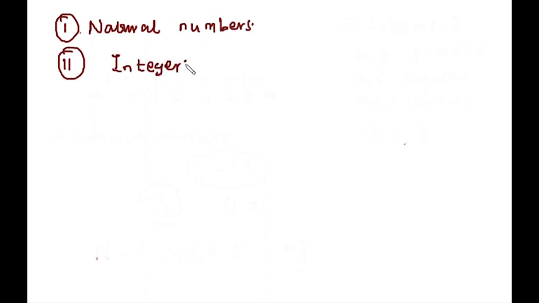So far we've talked about natural numbers as a class of numbers, and then we've talked about integers. For natural numbers, we said the set can be given as all numbers from 1, 2, 3, and then on like that till positive infinity. And for integers, we said these are negative and positive numbers.